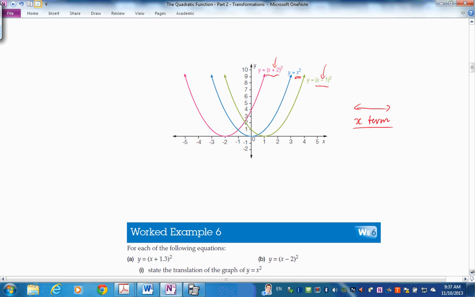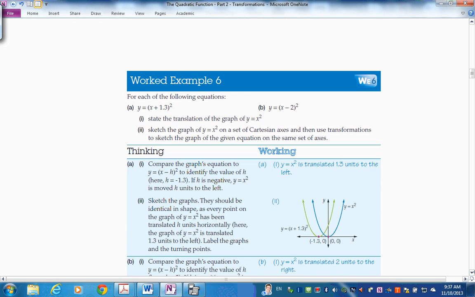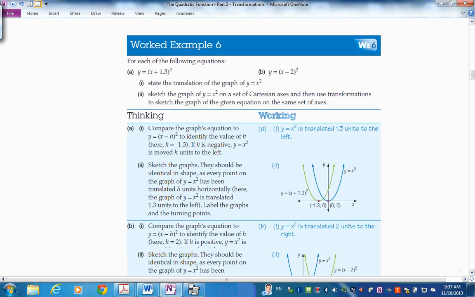Let's have a look at some examples there as well. So here are some examples: y equals (x plus 3) squared and y equals (x take 2) squared. State the translation of the graph. Well, x plus 3, it's the opposite movement, isn't it? When we had a look at that before, we found it moved it by a in the x direction, opposite to that number.